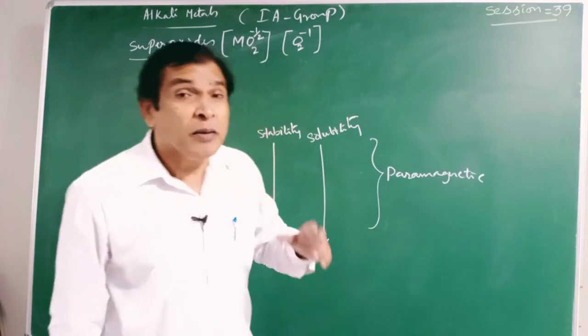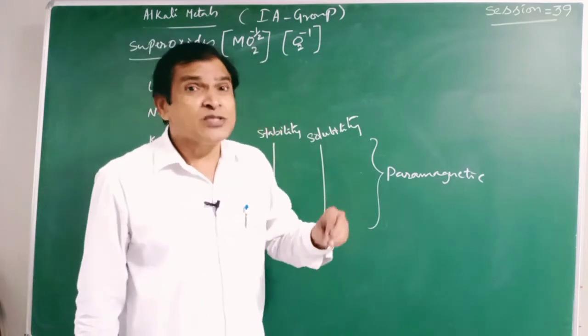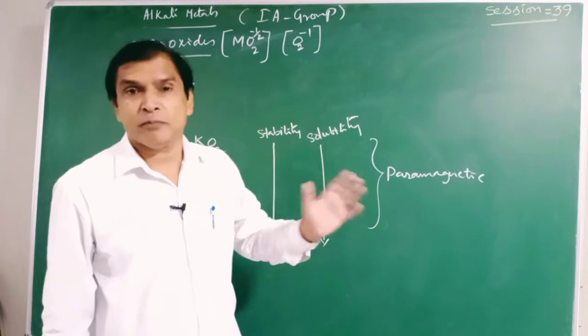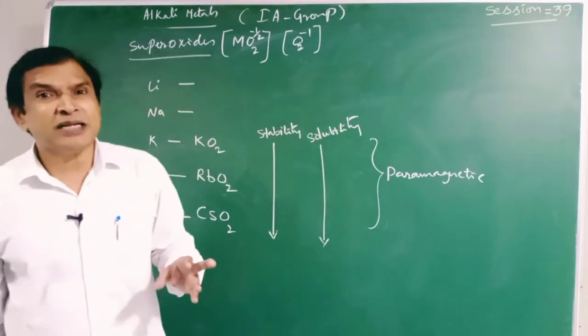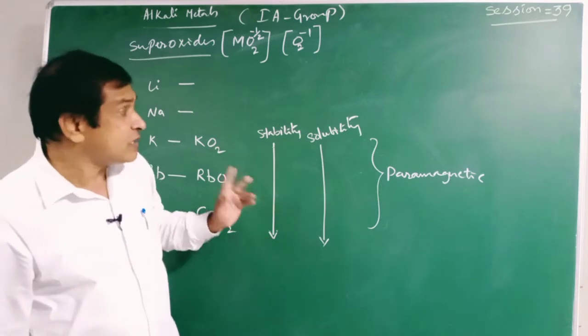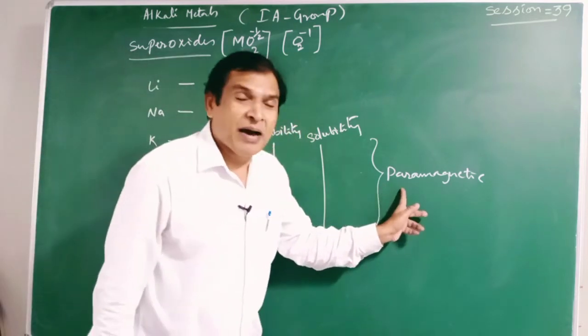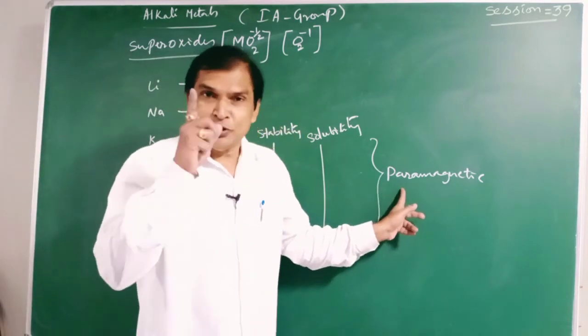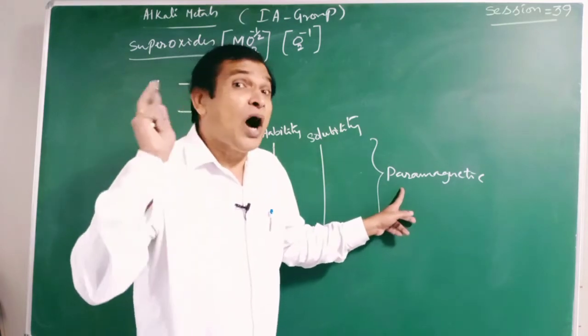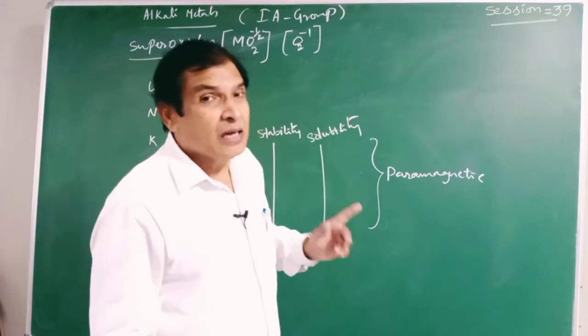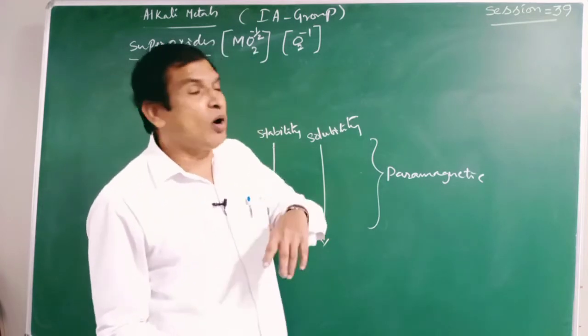So potassium, rubidium, and cesium can form stable superoxides, and they are paramagnetic in nature due to the presence of an unpaired electron or odd electron.